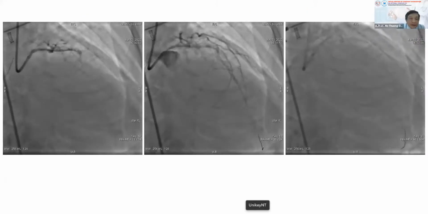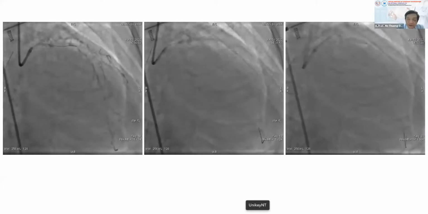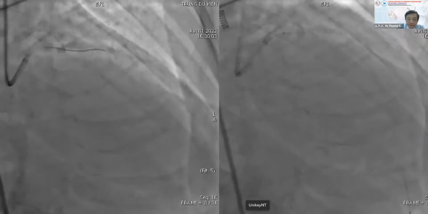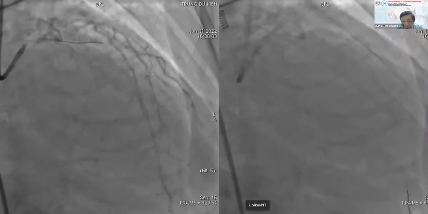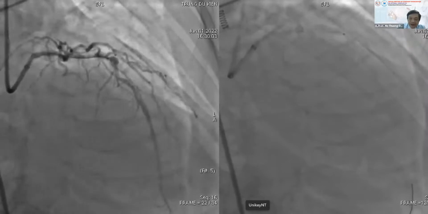Here we can see the wiring is very difficult because of very severe calcification in the proximal segment. As you see, the tip of the wire goes to the most severe calcified stenosis.